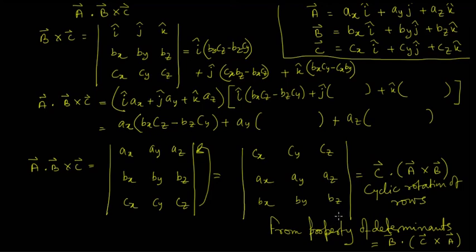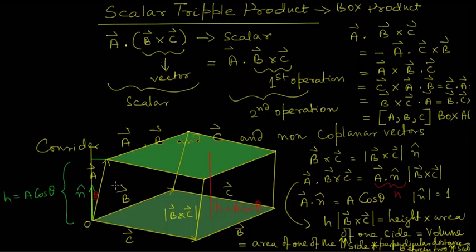So I need to tell you a few important things. Number one, suppose, let me go to the previous frame. This thing ABC gives the volume of this parallelepiped made by these vectors. Now if these vectors are coplanar, then the volume will be 0.